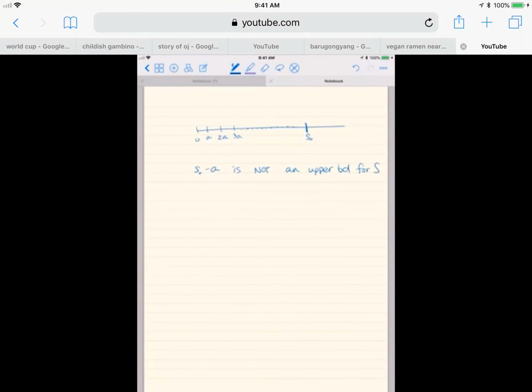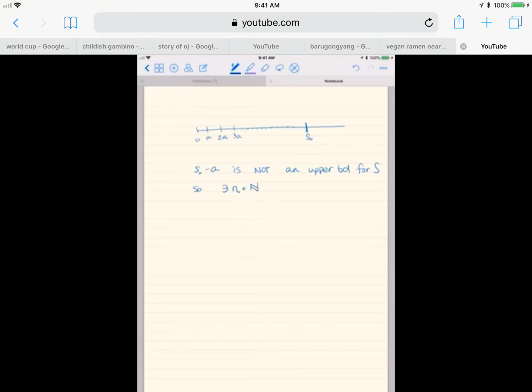So S naught minus a is not an upper bound for our set S. Why not? Because if S naught is the least upper bound, then anything smaller than S naught is not an upper bound, right?